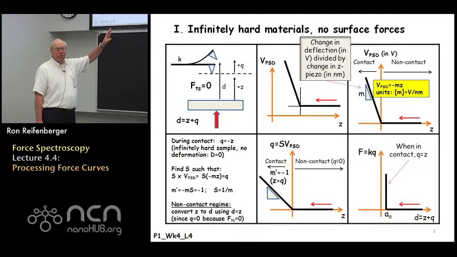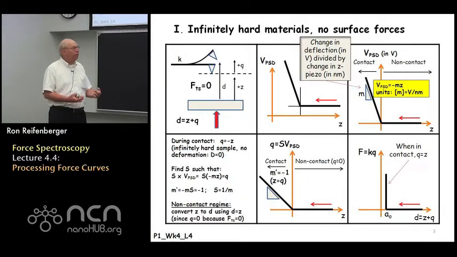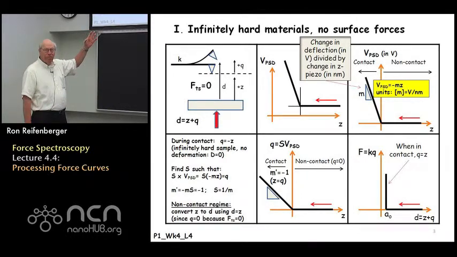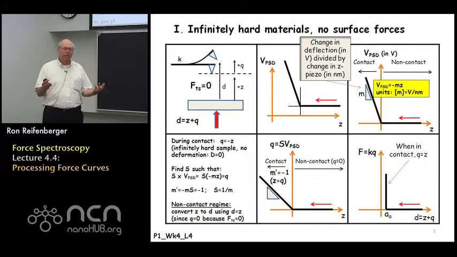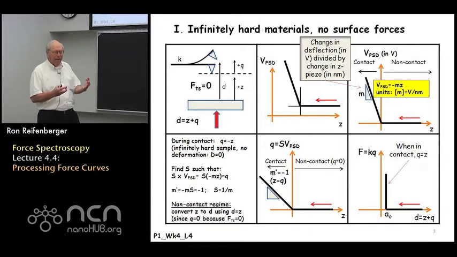Once your data has been zeroed and centered, as is indicated in the third panel on the top right-hand side of this slide, then the question is, how do you convert the voltage from the position-sensitive detector into a displacement of the cantilever? The way that's done is by measuring the sensitivity of the optical system as it was when you took that data, right?